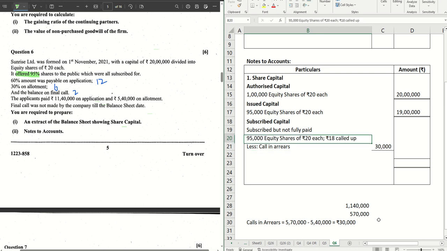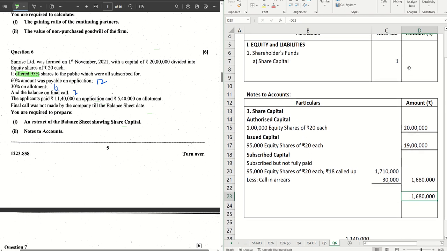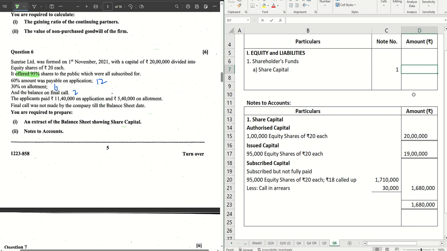So what becomes our value? 95,000 into 18 is 17 lakh 10,000. Minus 30,000. That gives us our final answer, which is 16 lakh 80,000. This is the total that sits here, and that becomes our final answer that will go into the final balance sheet, 16 lakh 80,000.